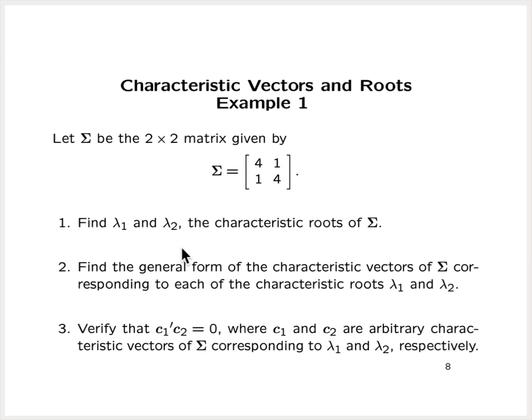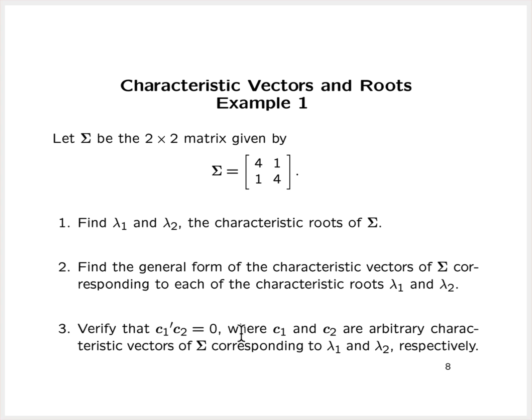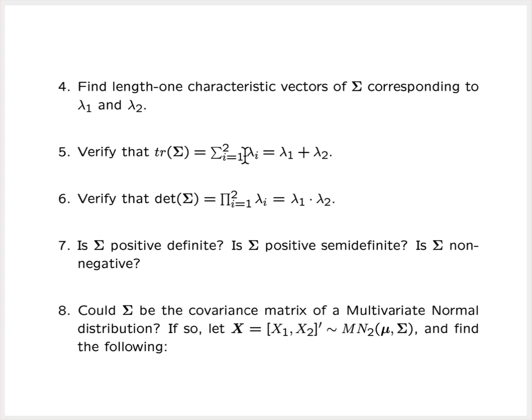So again, if we were going to go into a lot more detail, we would show how to find these characteristic roots, and we would also do some of this more general work, but we're going to be skipping steps 2 and 3 in the solutions. So step 4, find length 1 characteristic vectors of cap sig corresponding to lambda 1 and lambda 2.